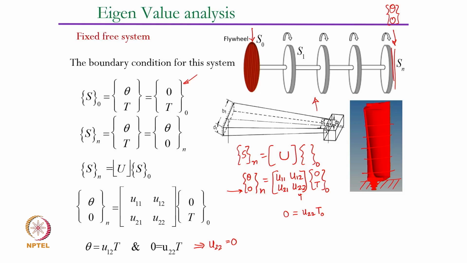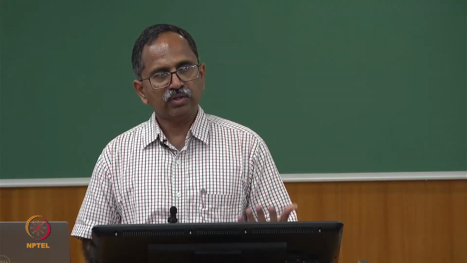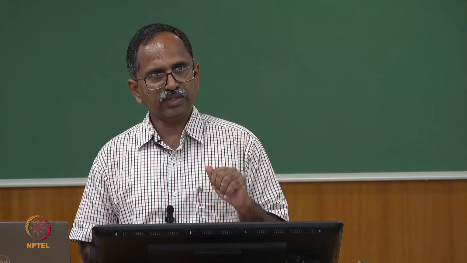and now because all the transfer matrices are a function of omega, we can't know the individual elements of any of the transfer matrices numerically because omega itself is unknown. What we now try to do is assume a value of omega and check.